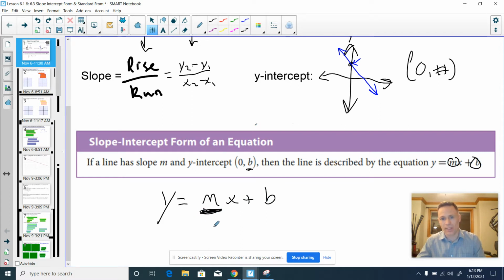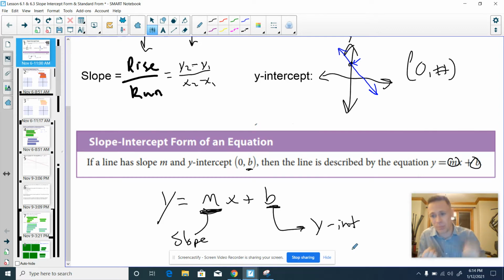Right off the bat, we need to understand that in this equation, m represents the slope and b represents the y-intercept. Those are really the only 2 things I need to graph a line. I need a place to start graphing, and I need to figure out how to get to my next point. Then I just repeat that process of finding the next point over and over again.